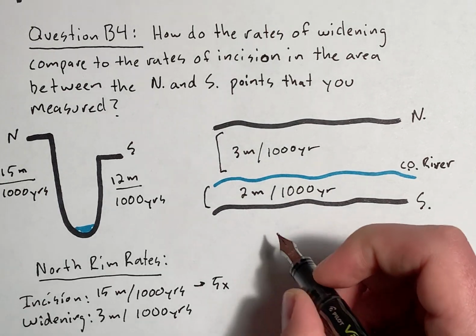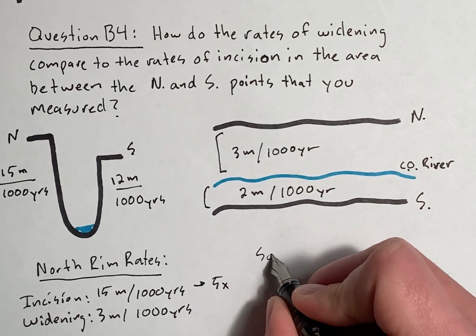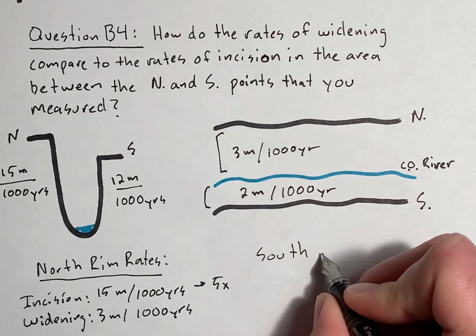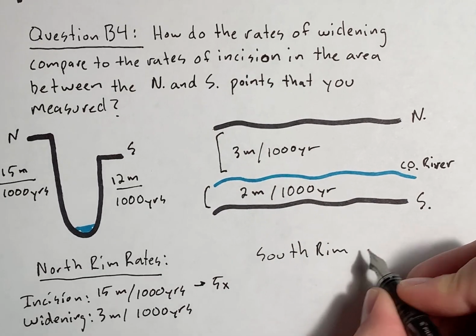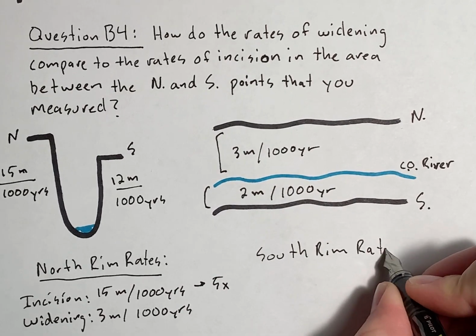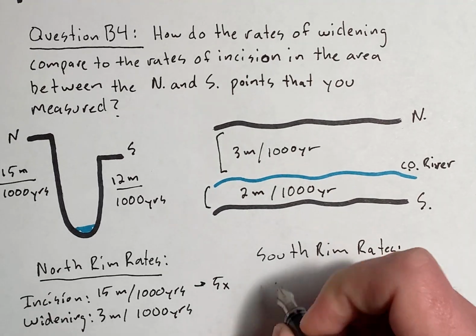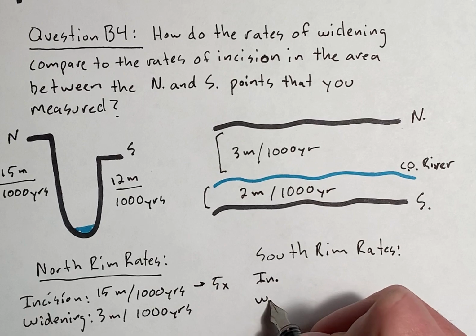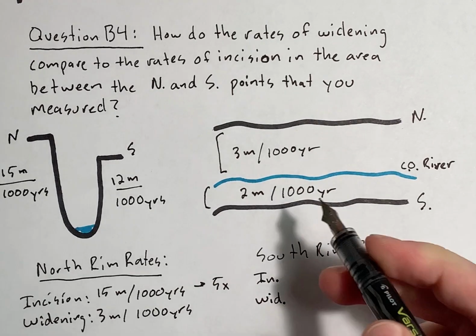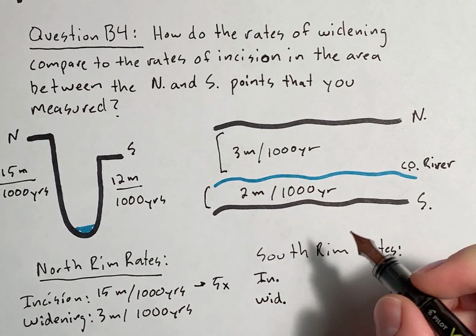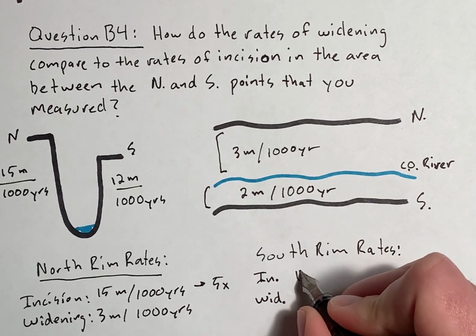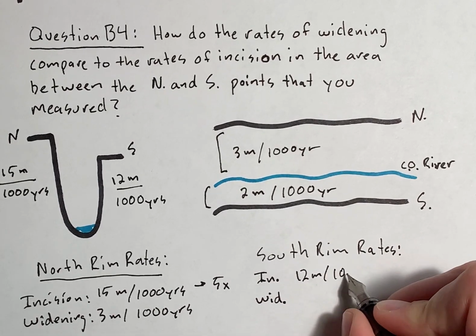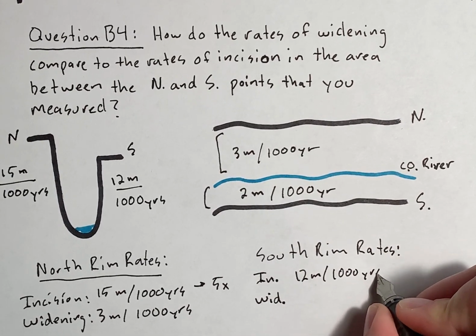Now let's do the south rim. Exact same process. South rim rates. Incision. Widening. We know the rate of incision on the south rim is 12 meters per 1,000 years.